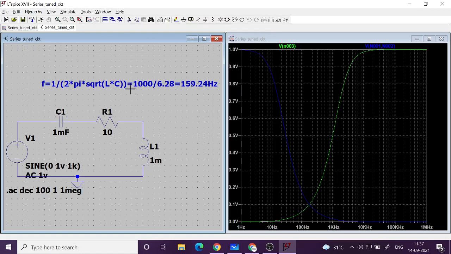So that is what we have here also. 159 ohms compared to 10 is very large. The inductor impedance is much smaller because it is omega L, 6.8 into 1 milli, which is much less than 1 ohm, so you don't need to take it. 10 ohm is also negligible compared to 159. So all the applied voltage will be coming across the capacitor.